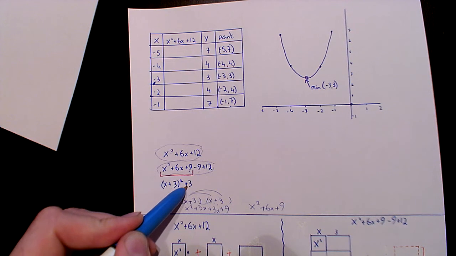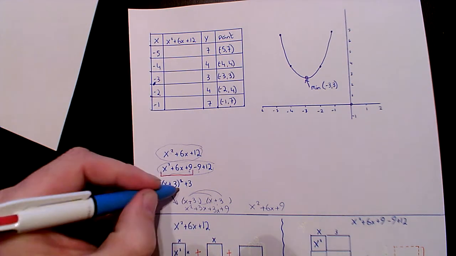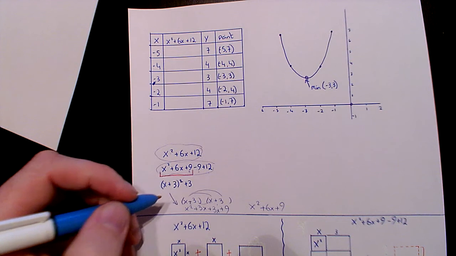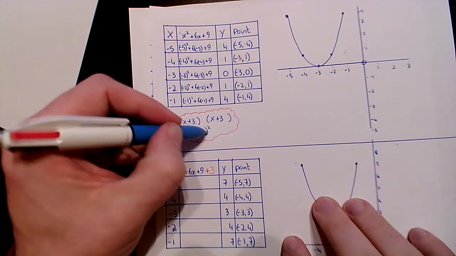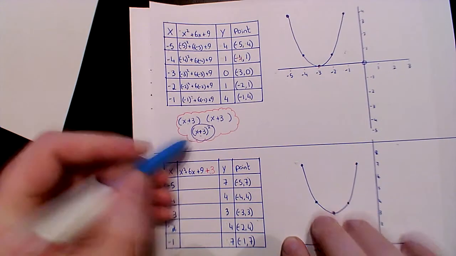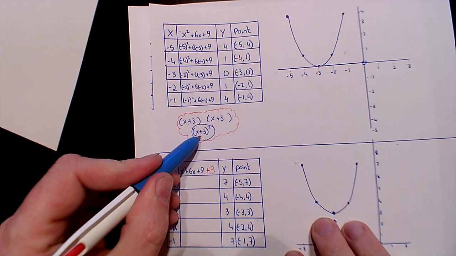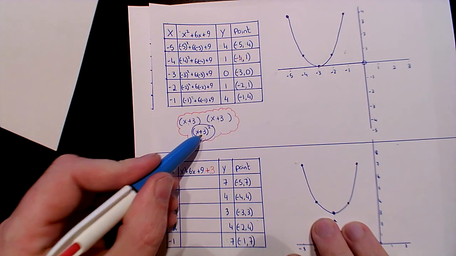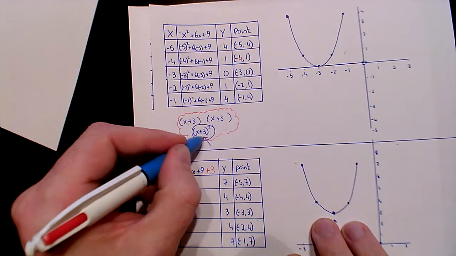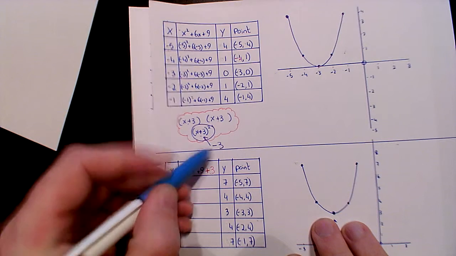Okay? Now, this is where it's interesting. I know from this graph that if I have one of these perfect squares, it will cross the x-axis if I just change the sign of that.